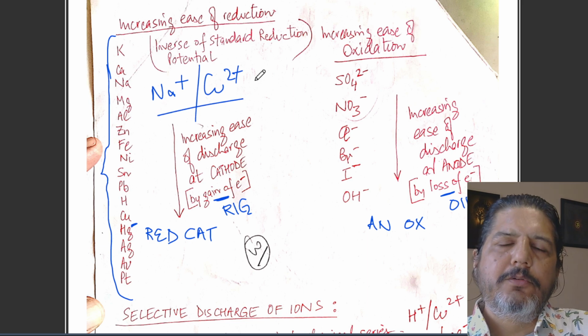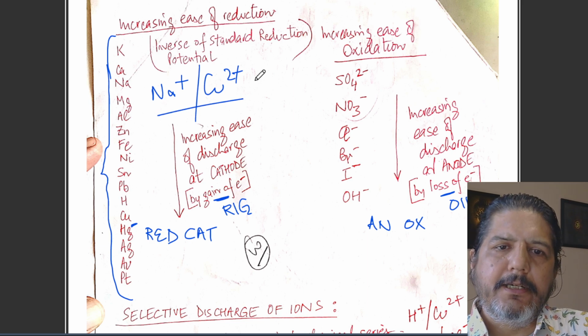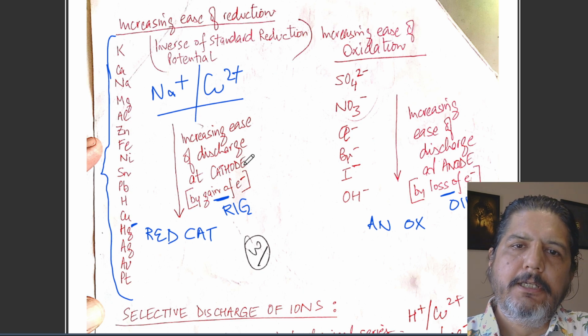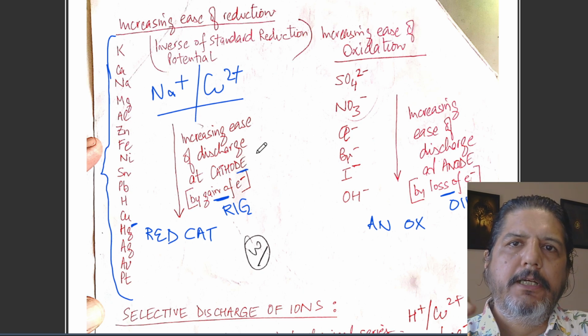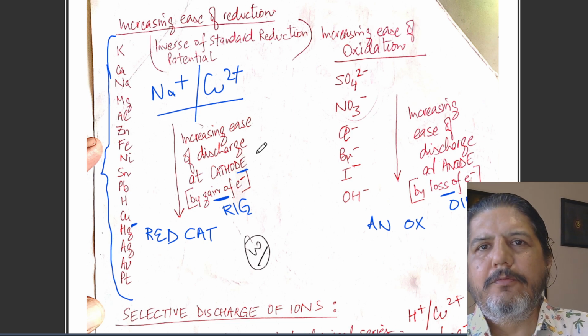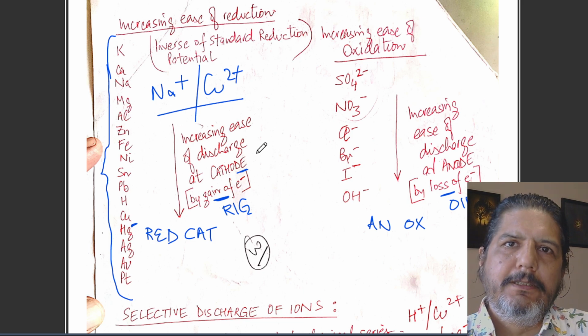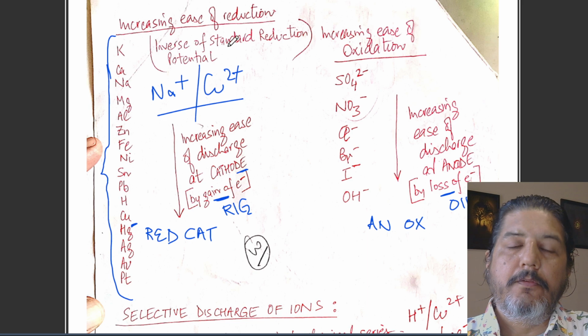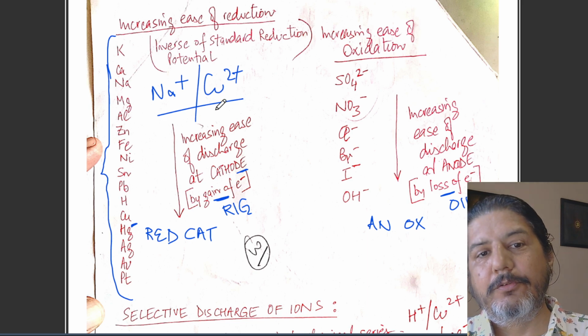As you can make out, these cations will get attracted to the cathode, that is the negative end of the electrode. So when they are going to discharge, which one will get preference? We'll see examples. We need to understand that it depends upon the increasing ease of reduction.